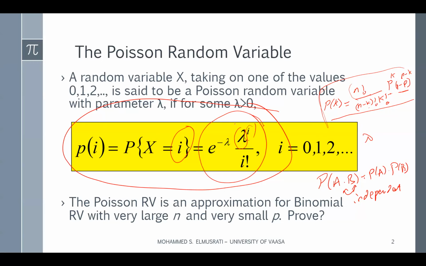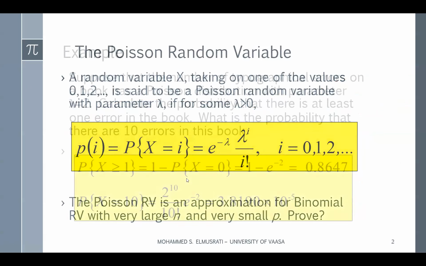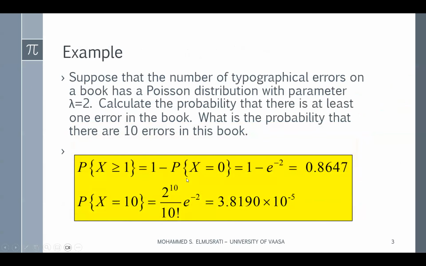There is also a derivation of this Poisson random variable from the binomial random variable. It is given later in these slides, and it is good if you follow it, as it gives you some concepts. We will see it later.